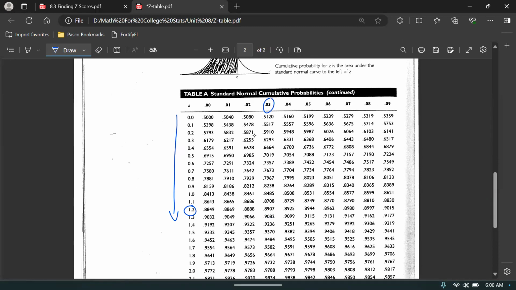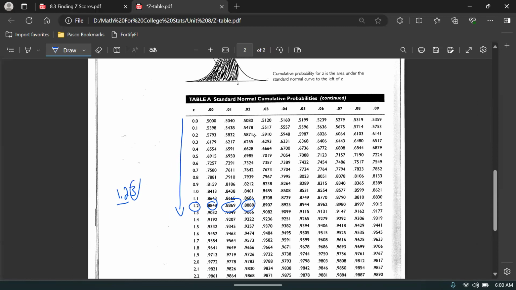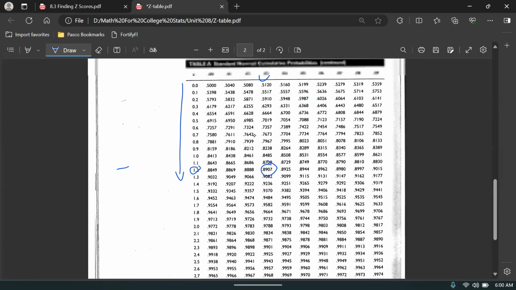So a z-score of 1.20 is this number, 1.21 would be this number, 1.22 would be this number. You can see you've got the 1.2 and then the hundredths place is here. So 1.23 is that number right there, and that is 0.8907.